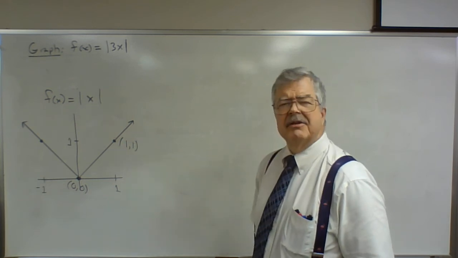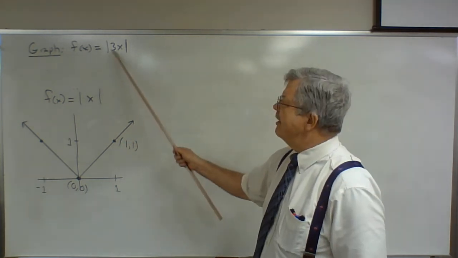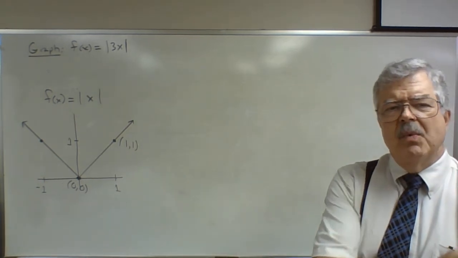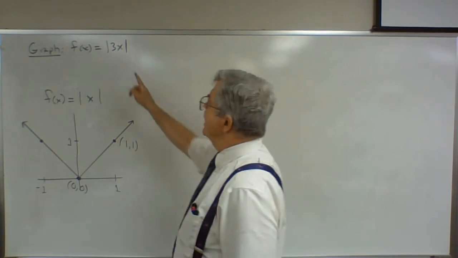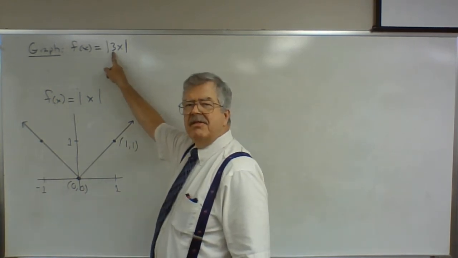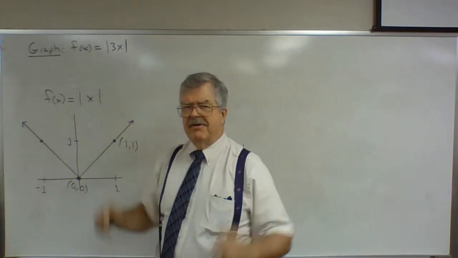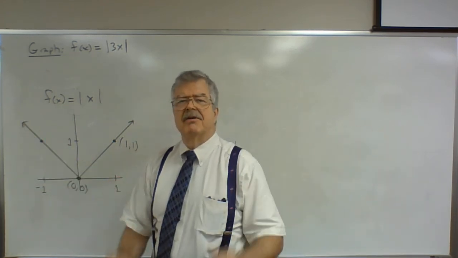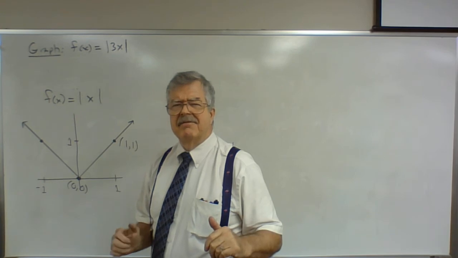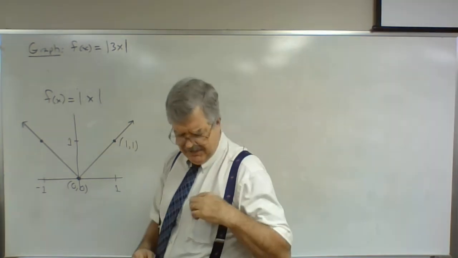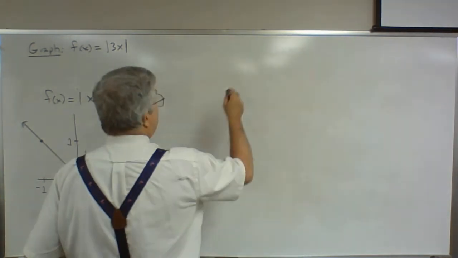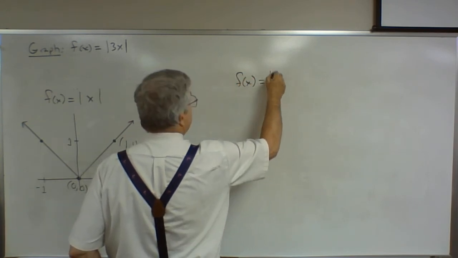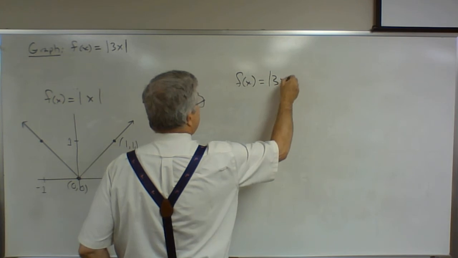The only thing that I expect to change is the horizontal scale. And I'm starting to wise up now, and I realize that this isn't going to stretch the graph horizontally. This is going to compress the graph horizontally by a factor of 1/3.